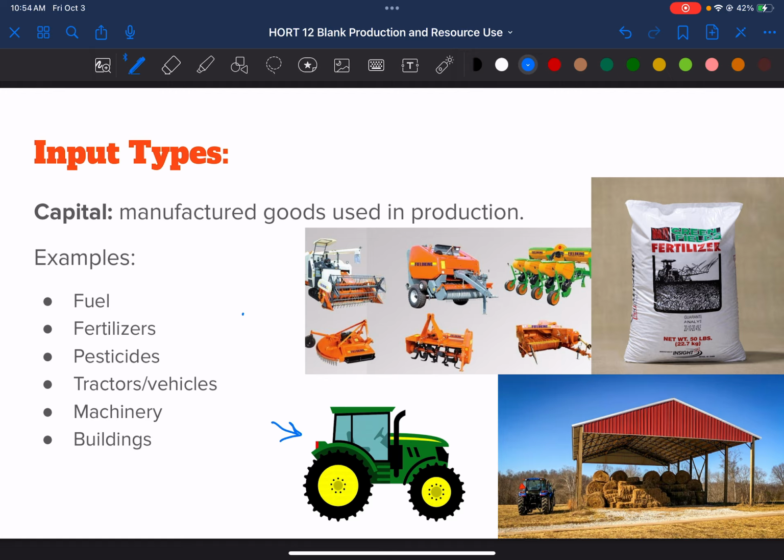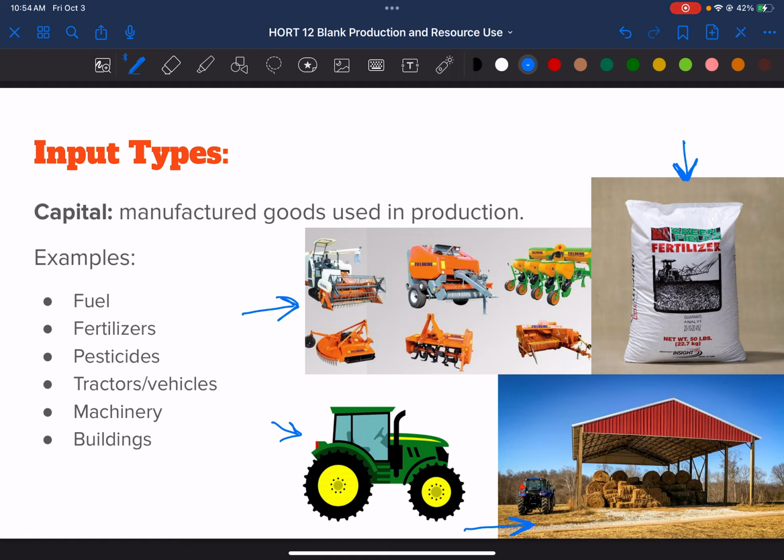So are the implements. Implements are the tools that get either pushed or pulled by the tractor through the field to do different jobs like tilling and mowing and cultivating and shaping rows and stuff like that. Fertilizers and pesticides and any other chemical input you use is a capital input. And then this one kind of trips people up a little bit, but buildings.